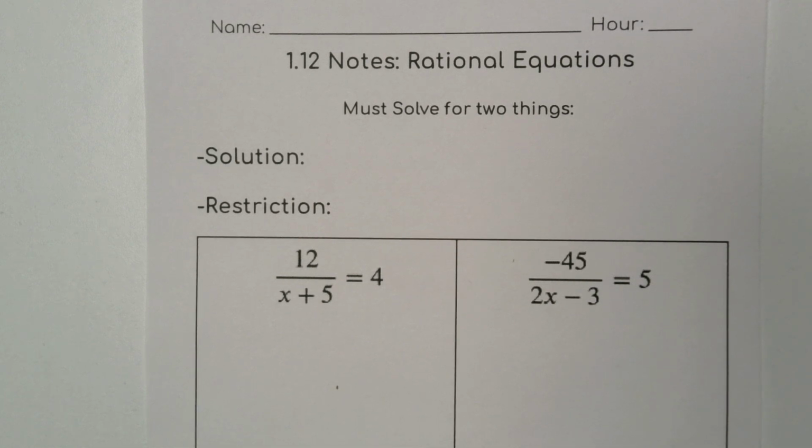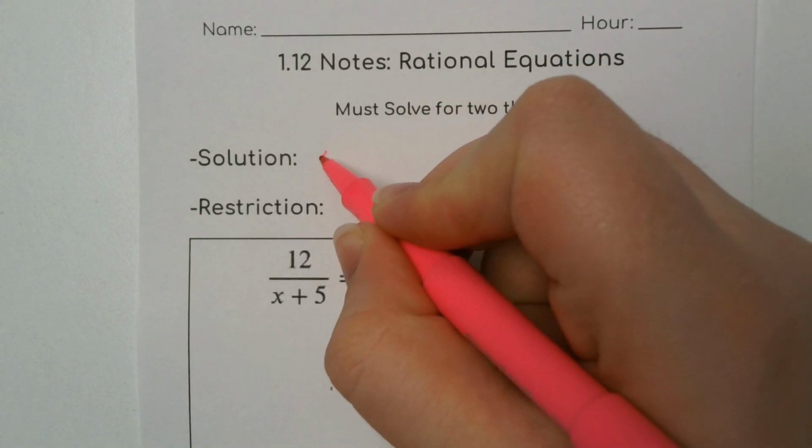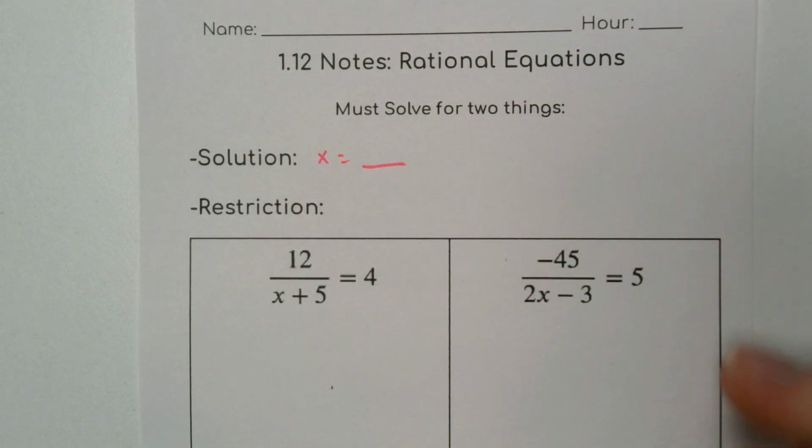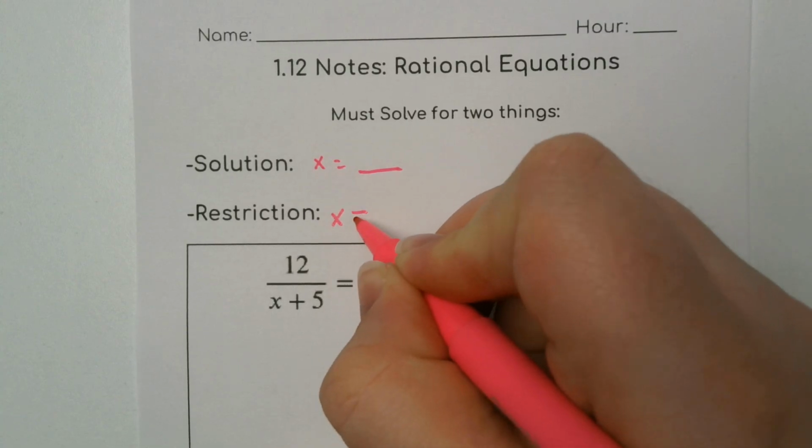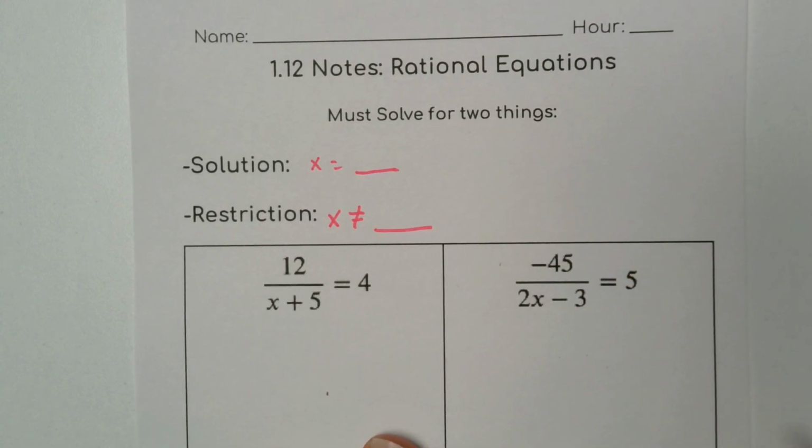So today we're talking about what's called rational equations, and there's two different things that we are going to solve for. The solution we solve for like normal, and we'll get x equals something. Okay, the restriction, we're going to get x does not equal something.